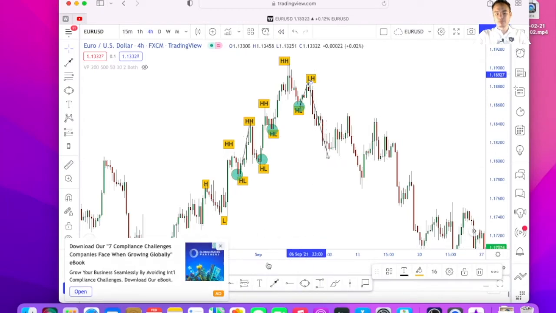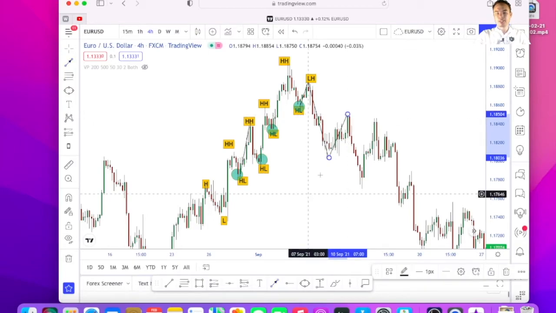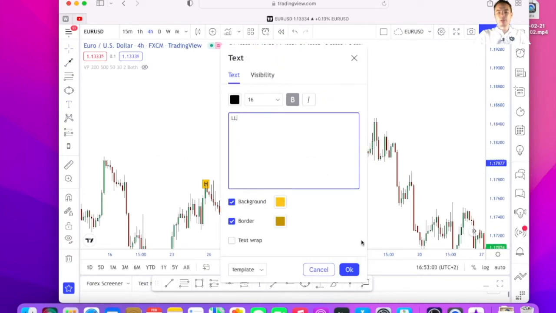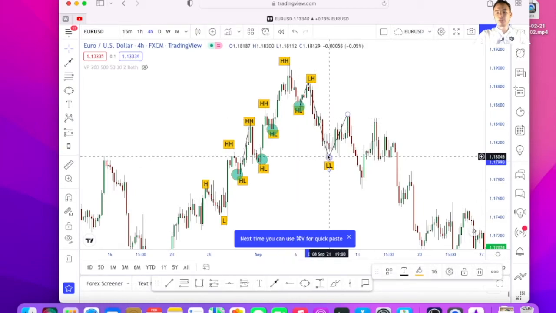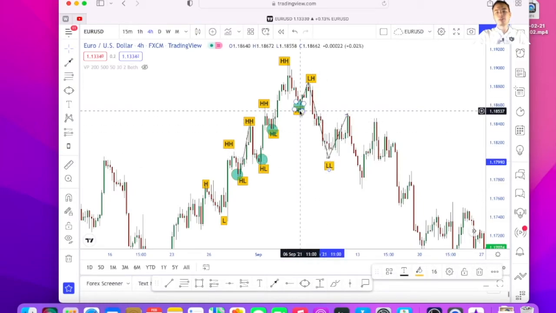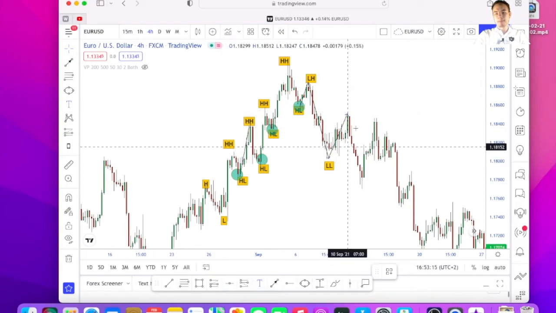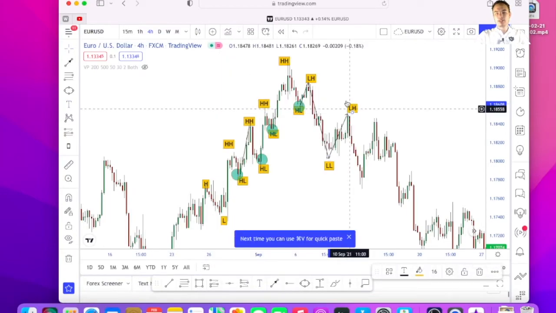Price pushed up. Can you see it made a lower low? Lower low. Why? Because this low is lower than that previous low. So now here's a lower high. Lower high. So you would want to look for selling opportunities.